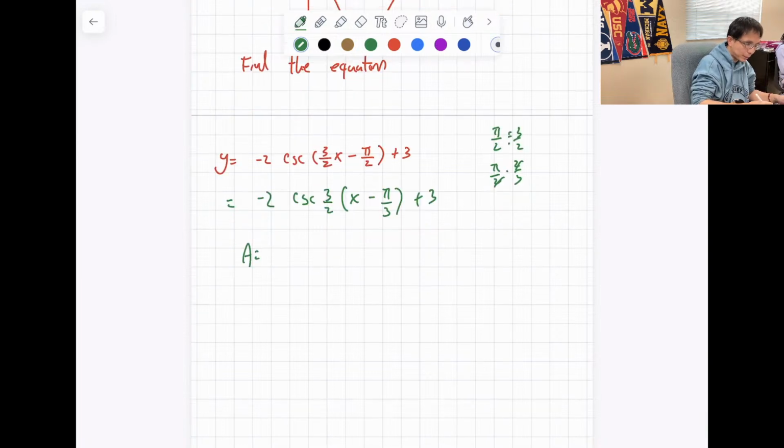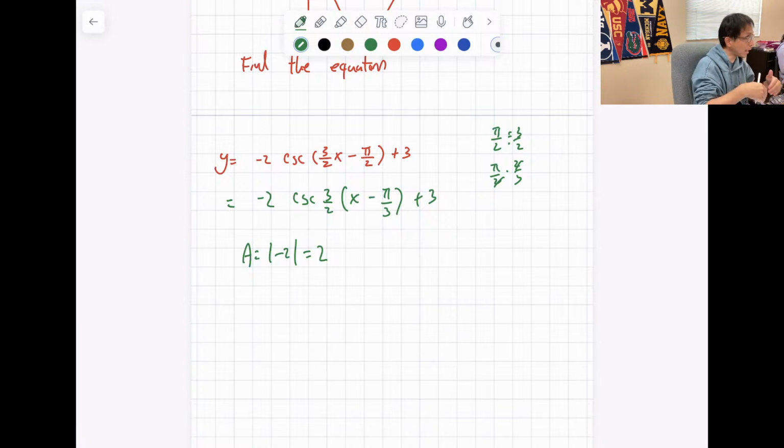The amplitude for sine is the absolute value of -2, which is equal to 2. Now I want to address something. For cosecant and secant, technically, they don't have amplitude. But you need an amplitude for sine and cosine in order to graph cosecant.